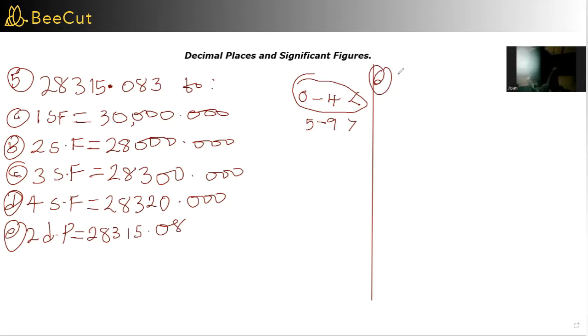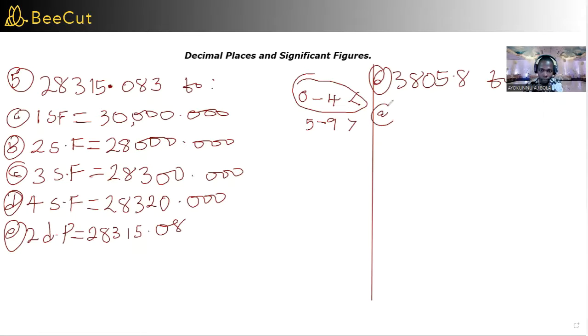Let's say you have 3805.8 and you want to round it to, let's say, the nearest 100.